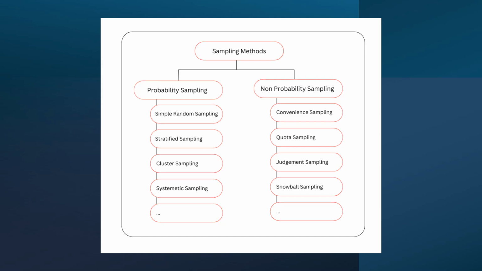In that case, we identify the homogeneous groups within the population, called clusters, which are similar in nature, and we randomly select a couple of clusters from this population, and then we do the complete enumeration of every member within the cluster. That's cluster sampling.